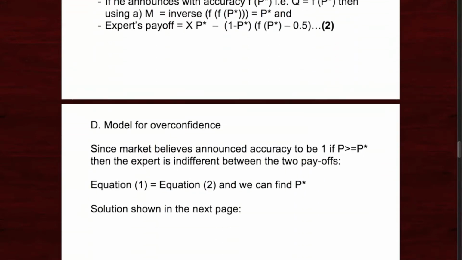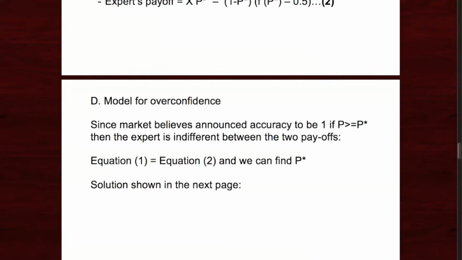Okay, so now we have got two different payoffs, for 1 and for P star. Since the market believes announced accuracy to be 1 if P is greater than or equal to P star, the expert is indifferent between the two payoffs. We have calculated the payoff when announced accuracy is 1, and also the payoff when announced accuracy is P star, and since the market believes both are the same, the payoff should be the same as well.